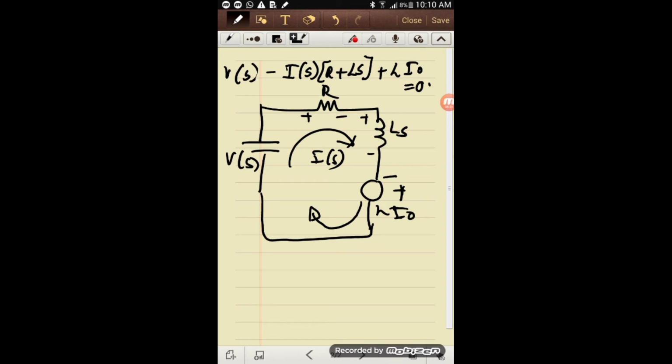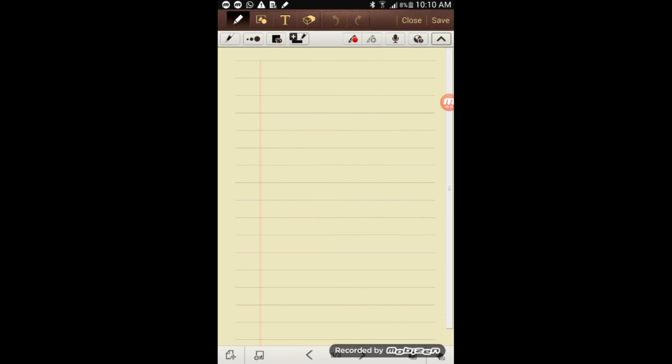Okay, now we will apply this to a problem. So we'll do a new problem. Find the current I of t in the circuit. So suppose this is 10 volt.